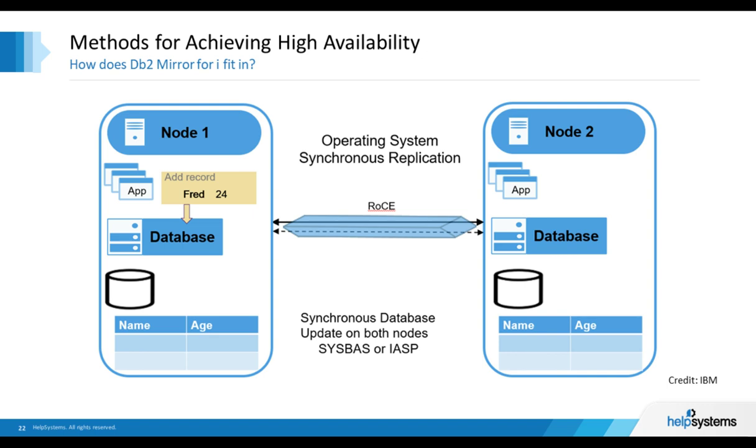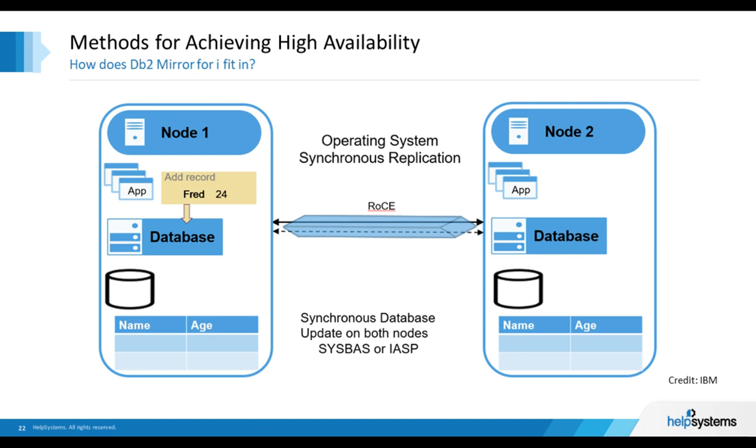The same time capability is provided by the OS using clever database clustering technology, a new license program, IBM Db2 Mirror for I, or for those that like their acronyms, 5770-DBM, and also a high-speed RoCE cable, so RDMA over converged Ethernet.